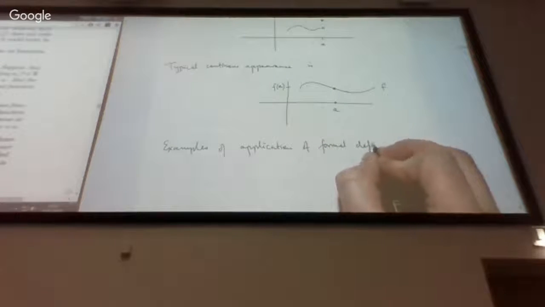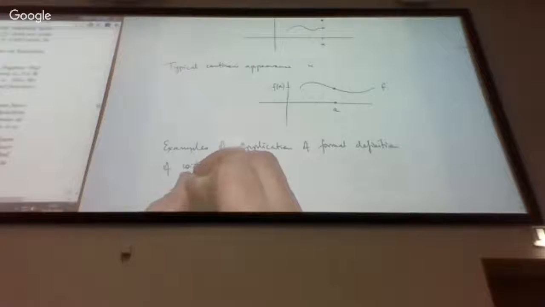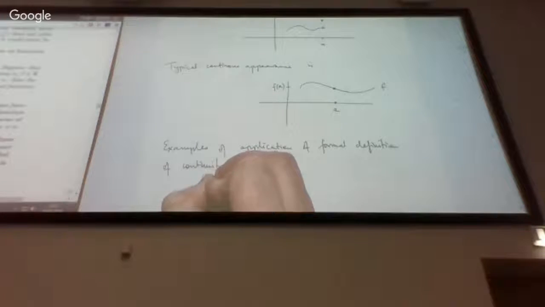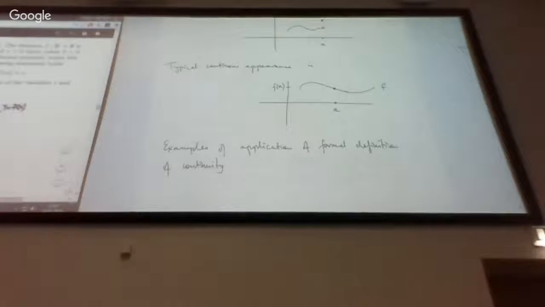A full-blown technical definition of continuity, which I think we just looked at once before Christmas. This is the formal definition on the following page there, on page 38.